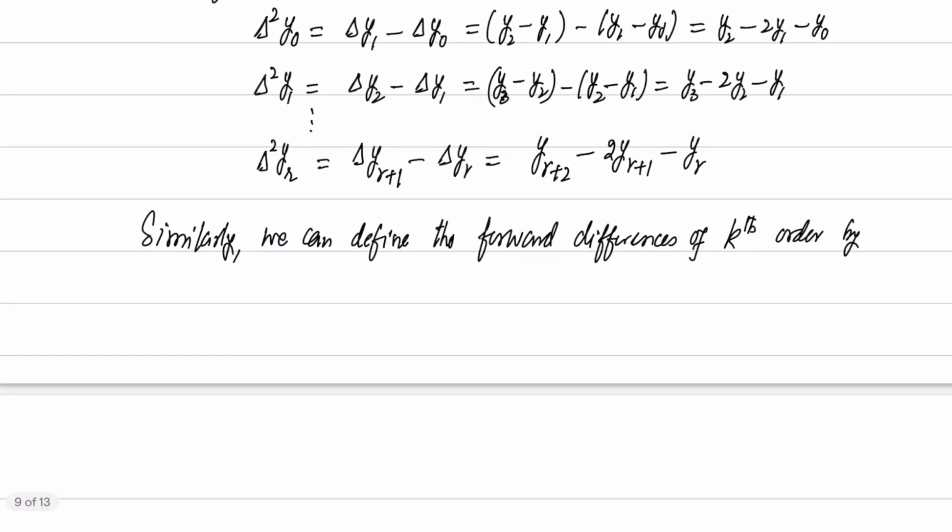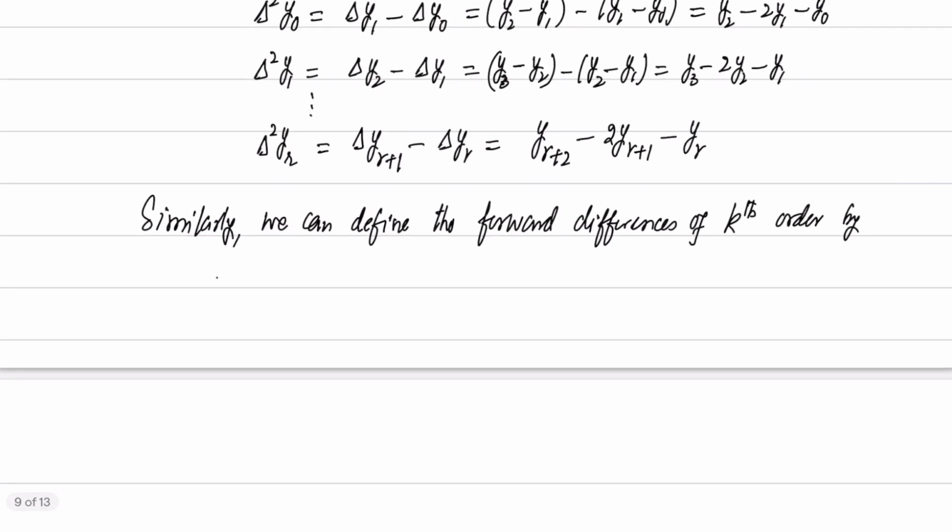They will be denoted like this, delta k y naught, then delta k y1 and so on. And now the kth forward difference can be defined up to yn minus k.